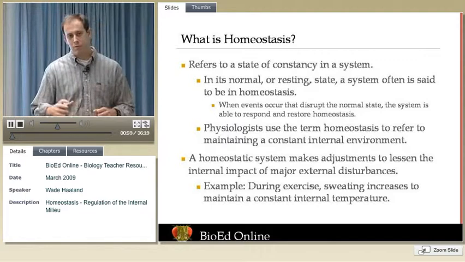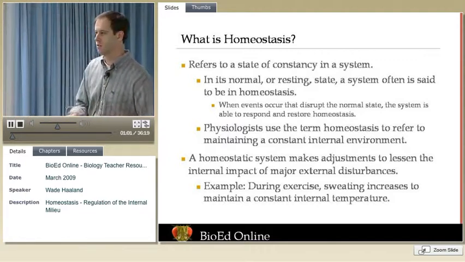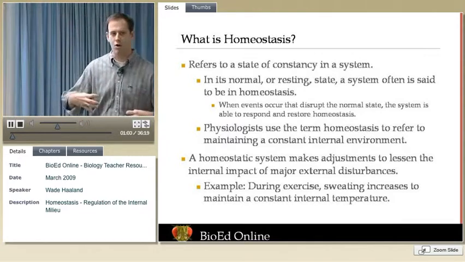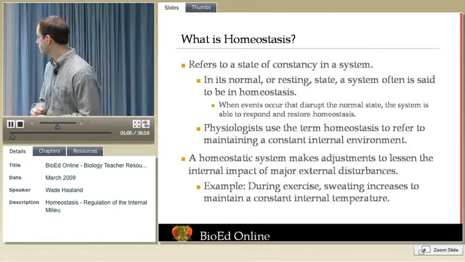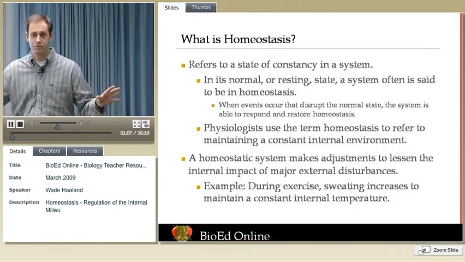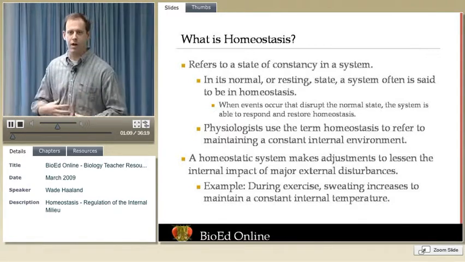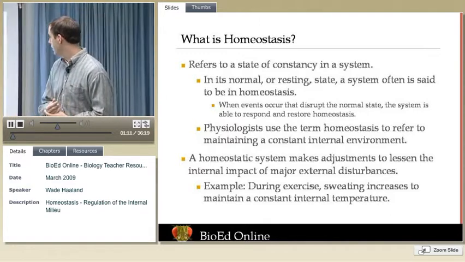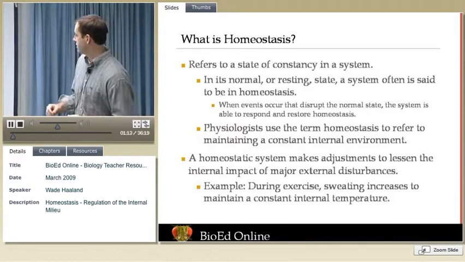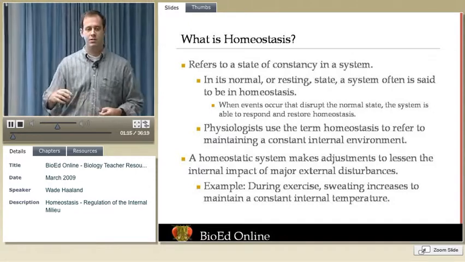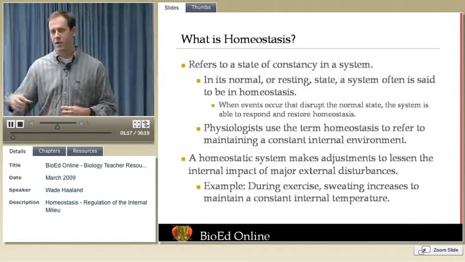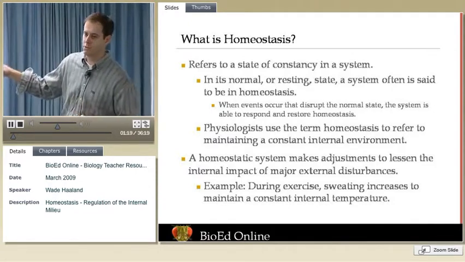Physiologists will refer to the term homeostasis as regulating your internal environment, because we don't have much say in our external environment, but our bodies can control their internal environments. A homeostatic system is going to make adjustments to lessen the internal impact of major external events.